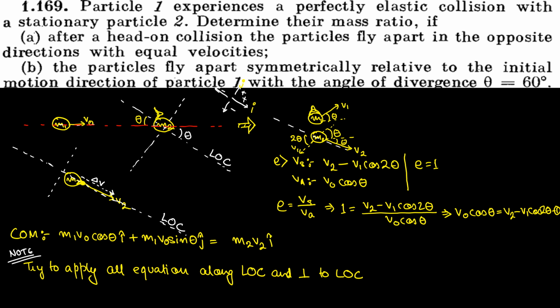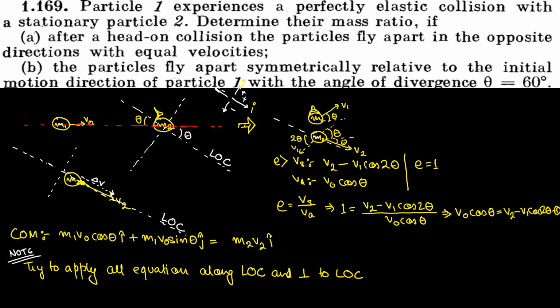See, particle 2 does not exhibit any motion perpendicular to the line of collision, and for particle m1, what is the value of v1 along the line of collision and perpendicular to the line of collision? If this is theta, this is theta, so the angle this velocity makes with the line of collision is theta plus theta, or 2 theta.